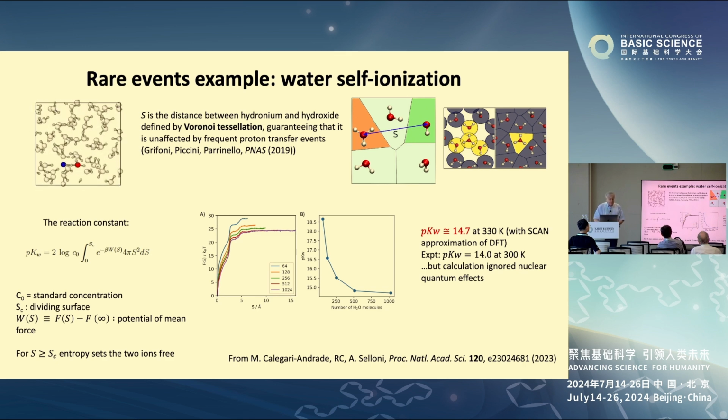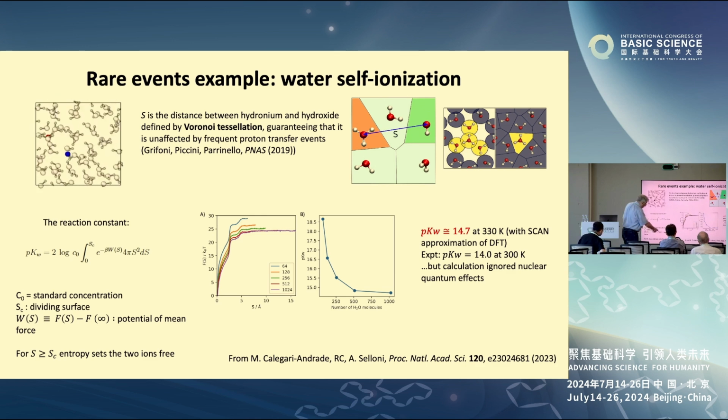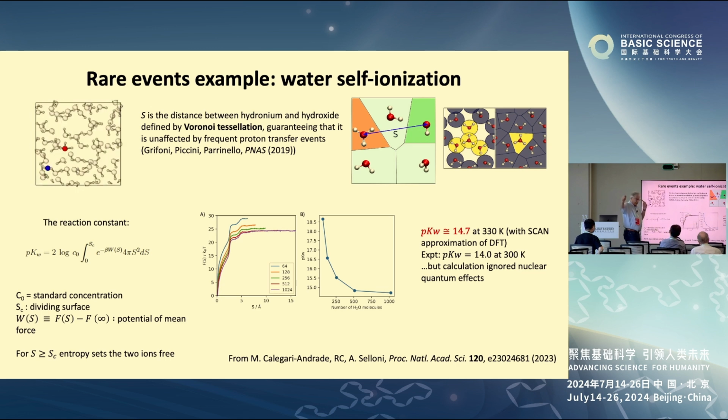the reaction constant for this process can be calculated from standard statistical mechanics. The reaction constant is given by this formula over here, where W is what is called the potential of mean force. So there's the free energy at the coordinate S minus the free energy at infinity when these things are separated at infinite separation.